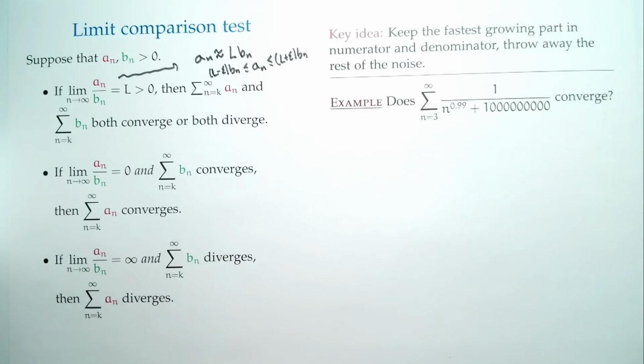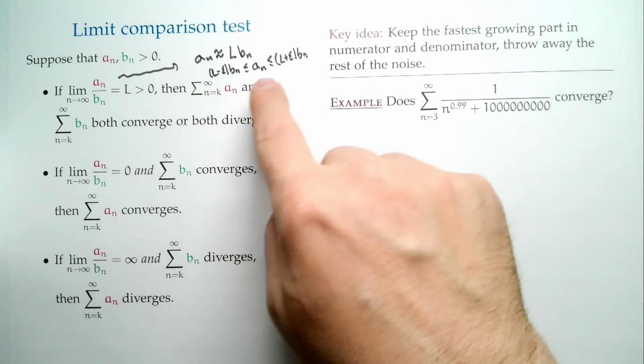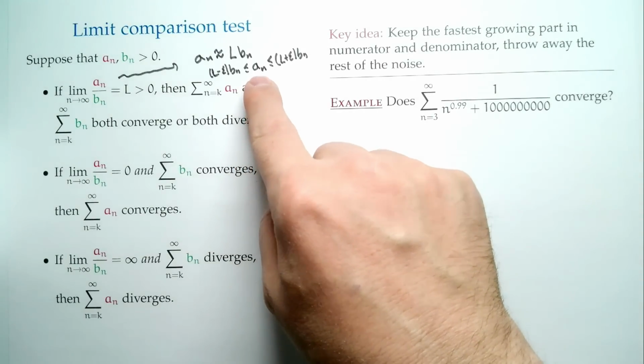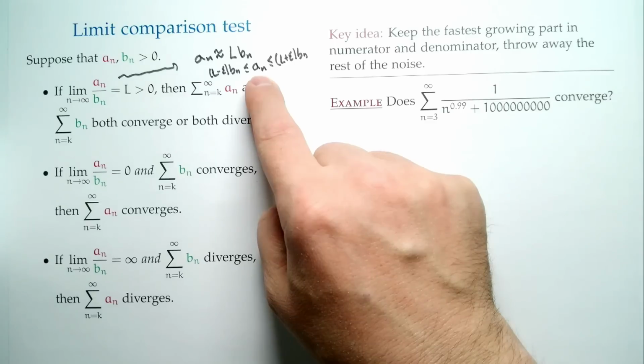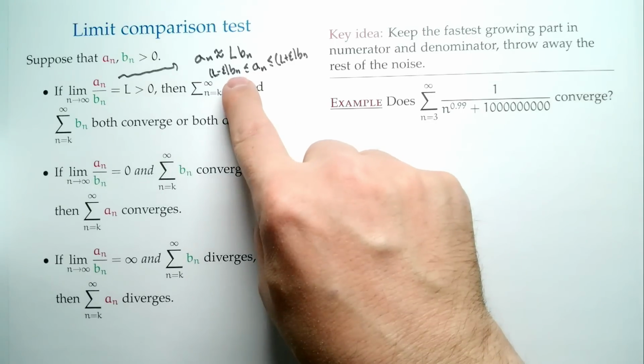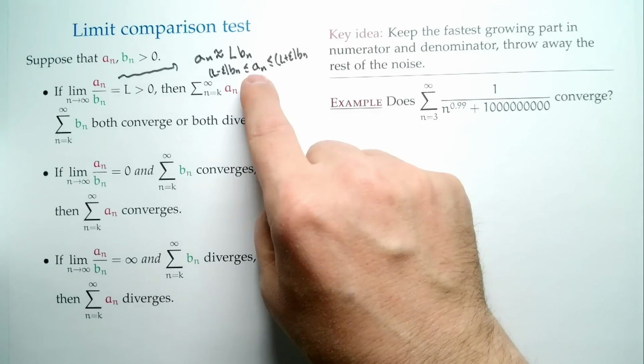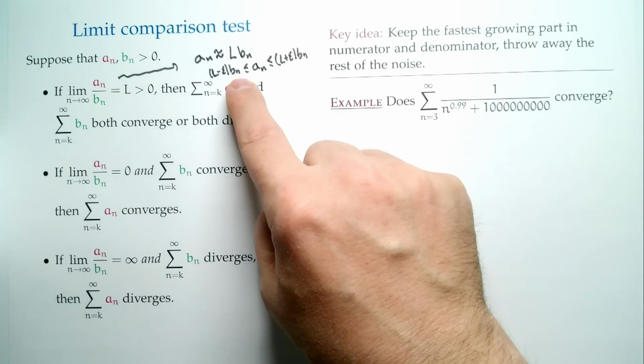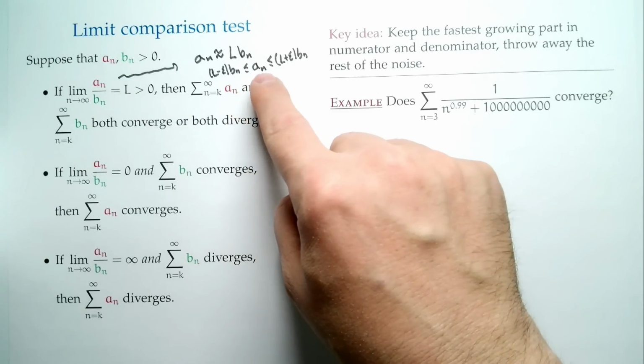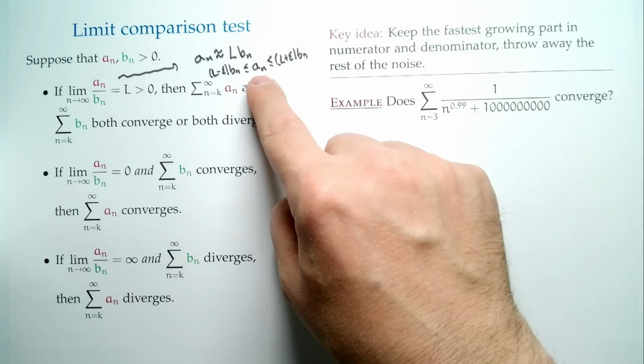And now, if that's true, we can say, okay, suppose that I knew that the sum of a sub n converged. Well, b sub n times some constant is below that, which means that the sum of the b sub n would converge. On the other hand, suppose I knew that the sum of a sub n diverged.